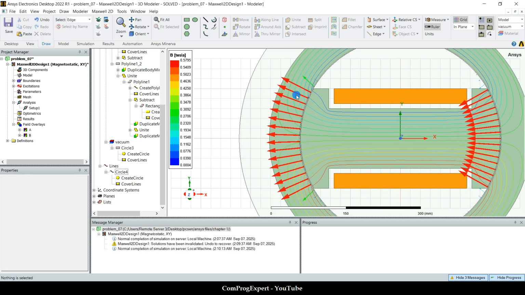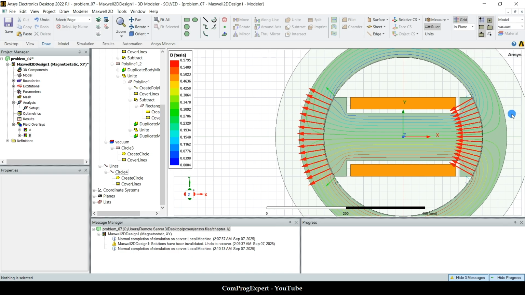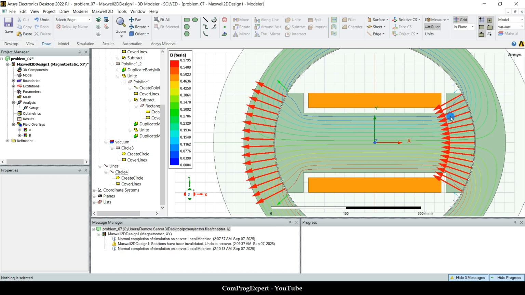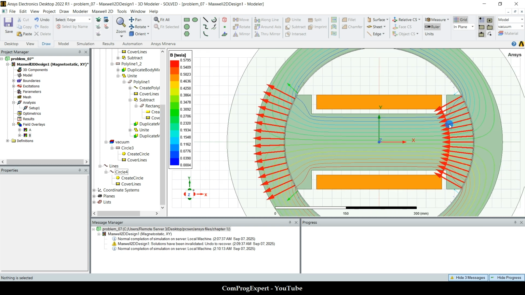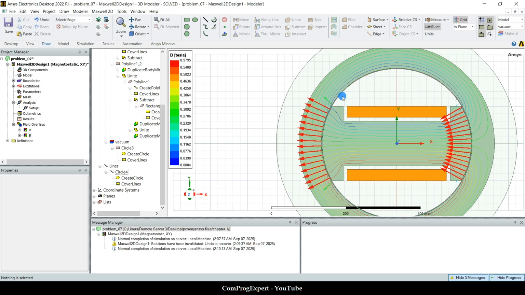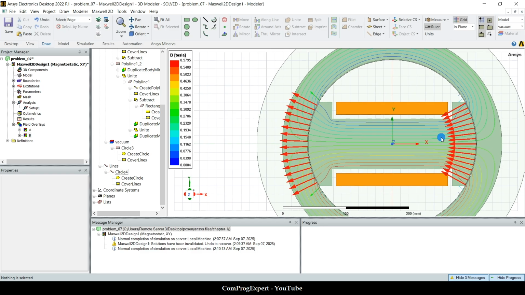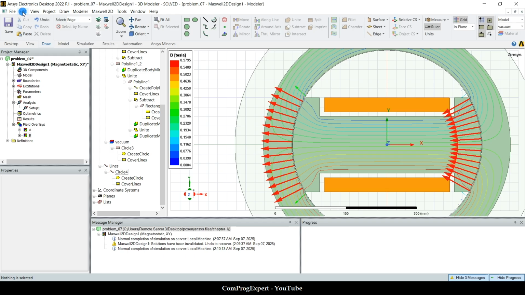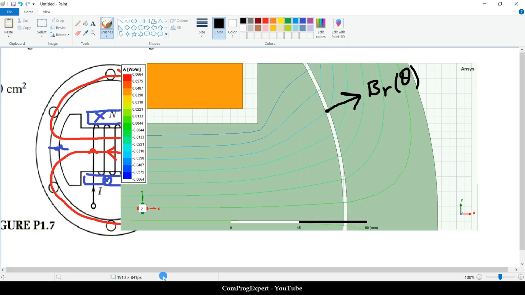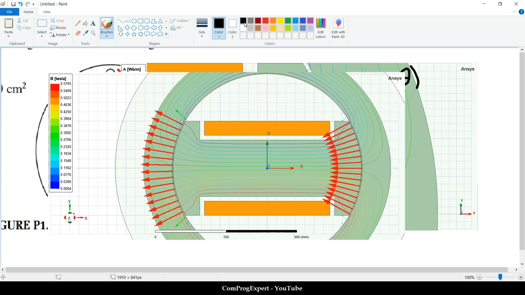So here in this air gap, the flux density vectors are in this direction. For this air gap, the flux density vectors are in this direction. So how can we plot the radial component versus theta? If you consider this theta, in the cylindrical coordinate system, the angle coordinate.